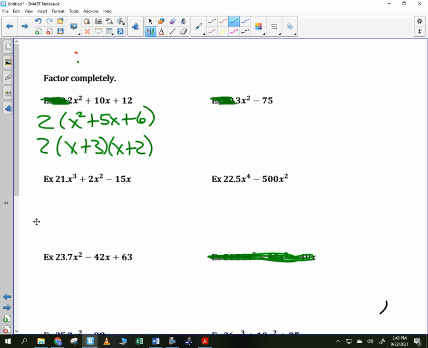Good. If you look at the next one, what's the common factor you can take out? If you take out 3, what's left? Great. Does x squared minus 25 factor? To what?